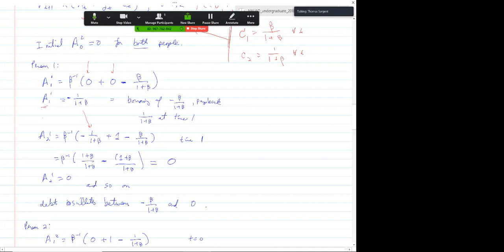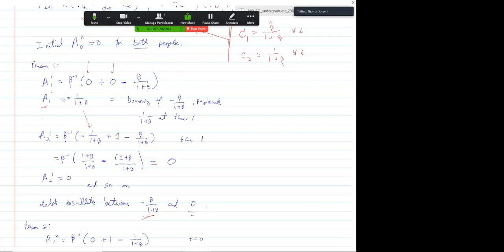What this person does is he ends up borrowing the first period because he doesn't have anything, repaying it, having 0 assets at the beginning of the second period, and doing that for the rest of his life. So his debt oscillates between minus beta over 1 plus beta and 0. So guess what? Person 2 better do the opposite.